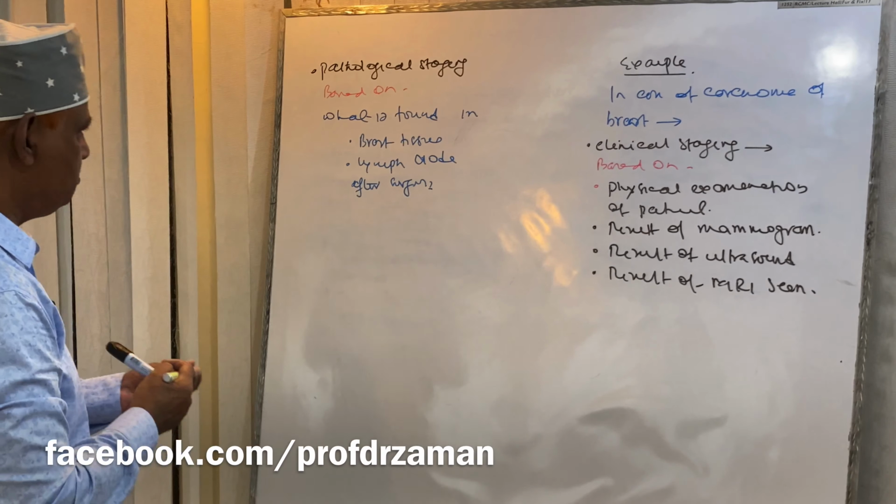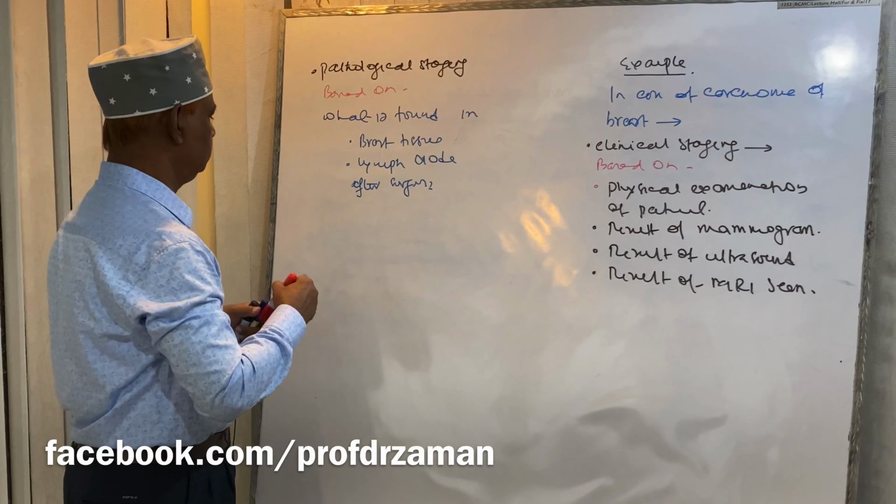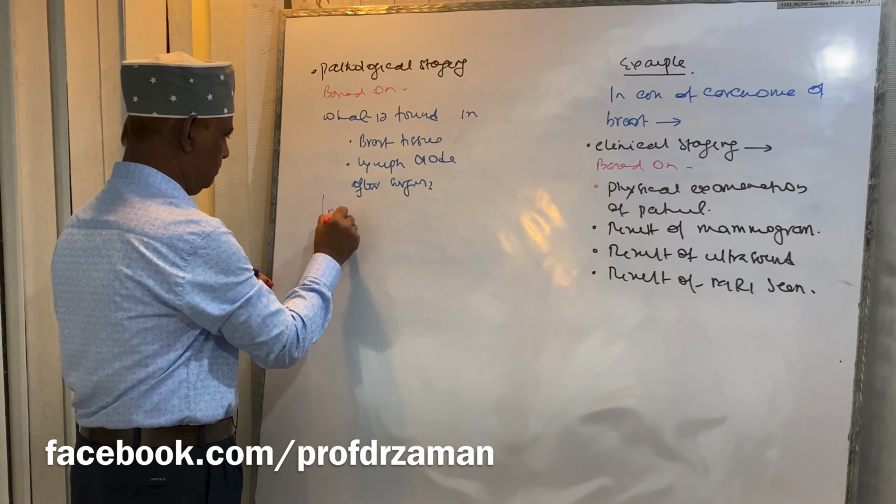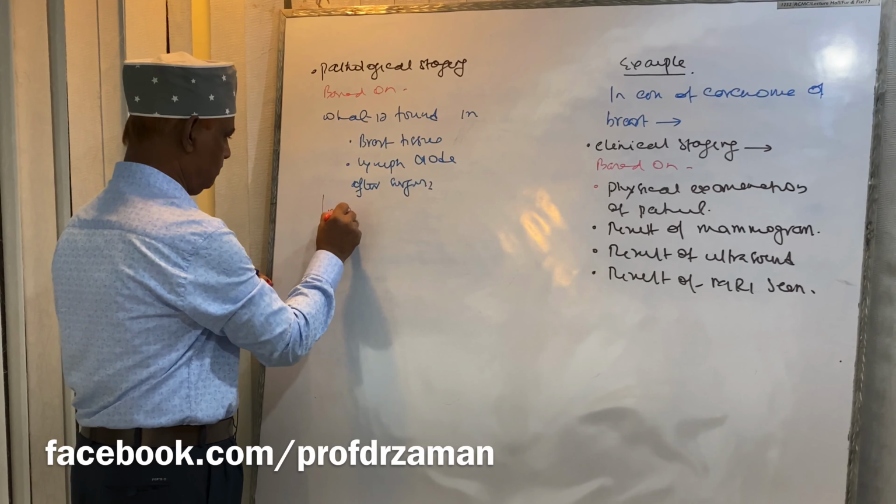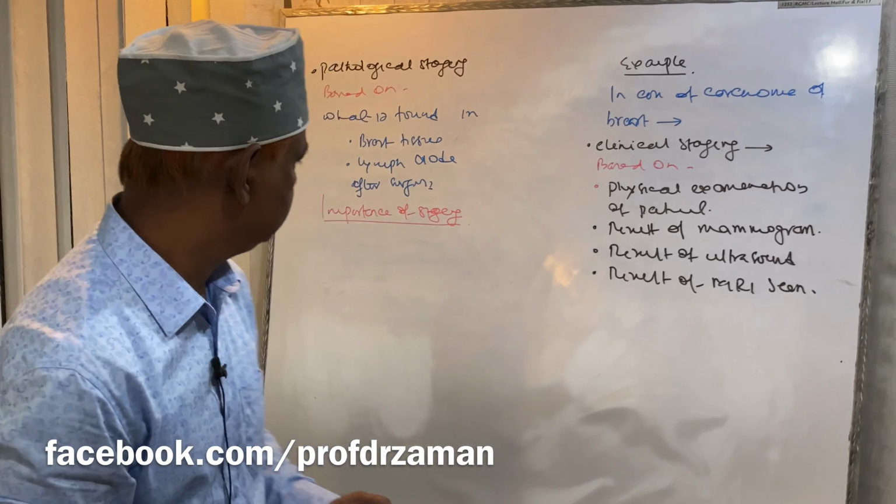Now, come to importance of staging. Dear audience, again recall, extent of spread of malignant tumor is known as staging, and in staging size of primary tumor is considered, regional nodal involvement is considered, and hematogenous metastasis is considered.